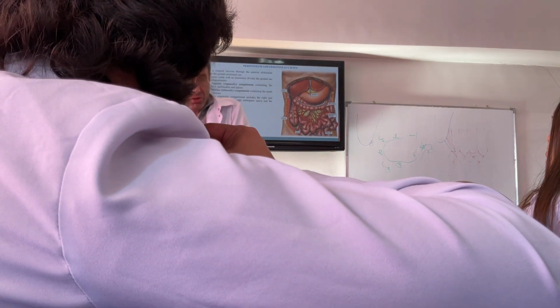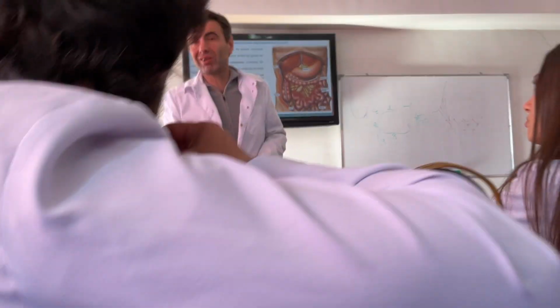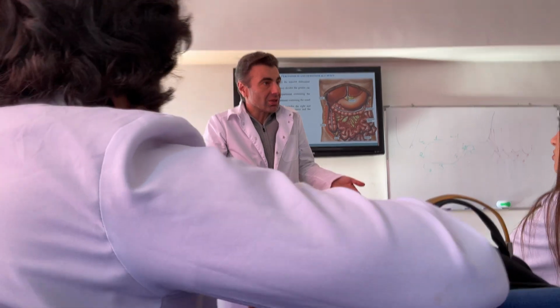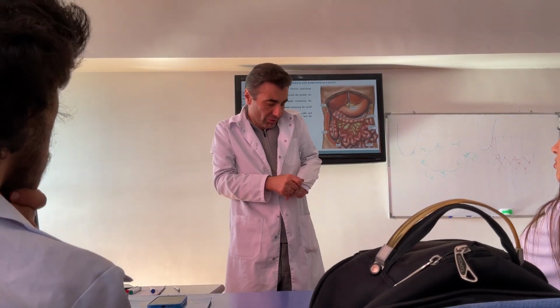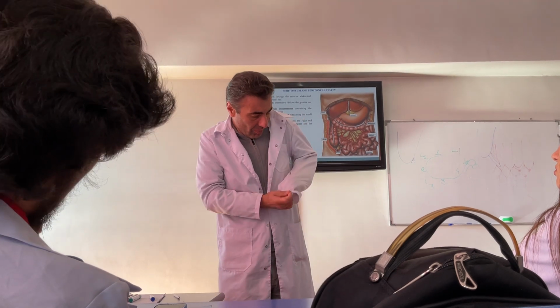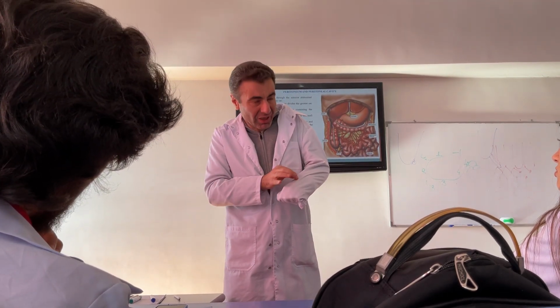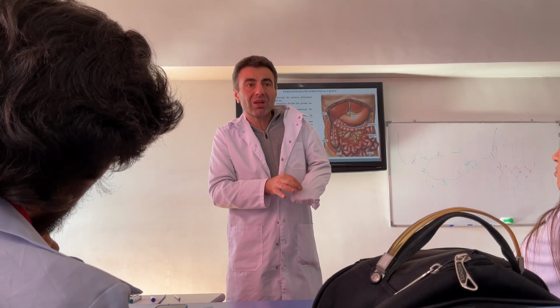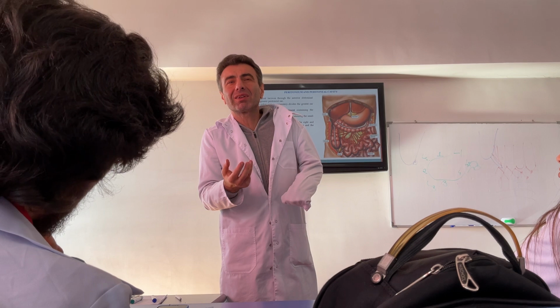Sometimes I don't find the appendix at all. No appendix. You understand? So it confuses you. You see the cecum, no appendix. Finally, what we find is a little irritation of the serous membrane, inflammation, red color.